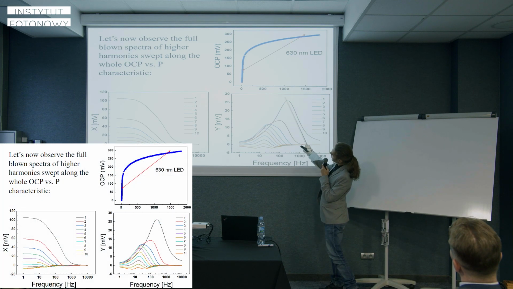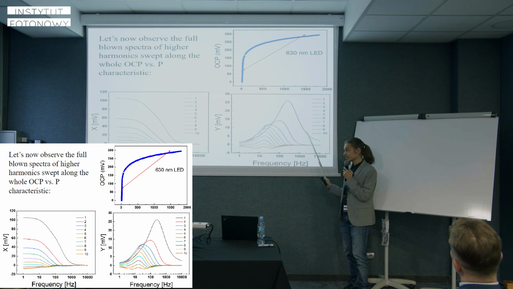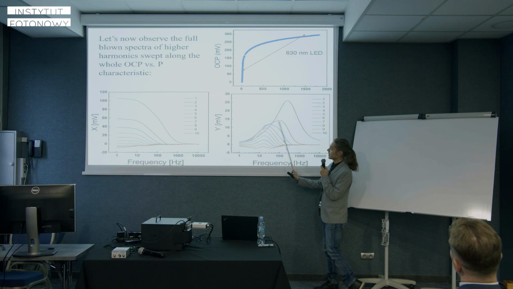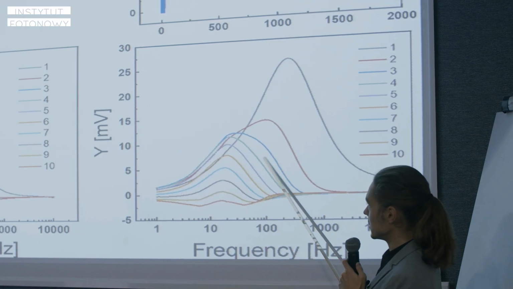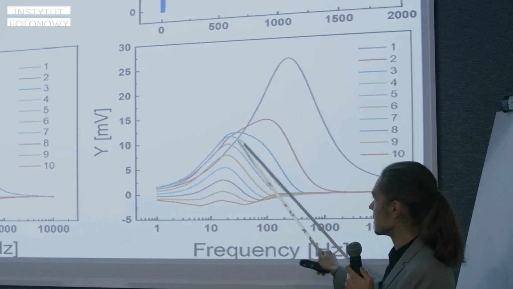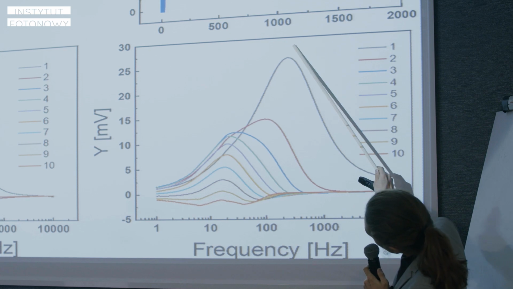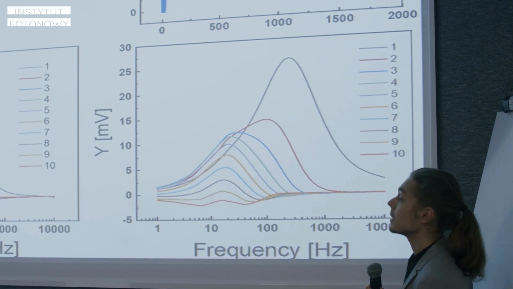Looking at the first one, I have a single Lorentzian, a single time constant, but in the second harmonic I have the first peak and some other shoulder peak. On the third I have the peak and something else, and again, these characteristic frequencies are decaying with the harmonic number.